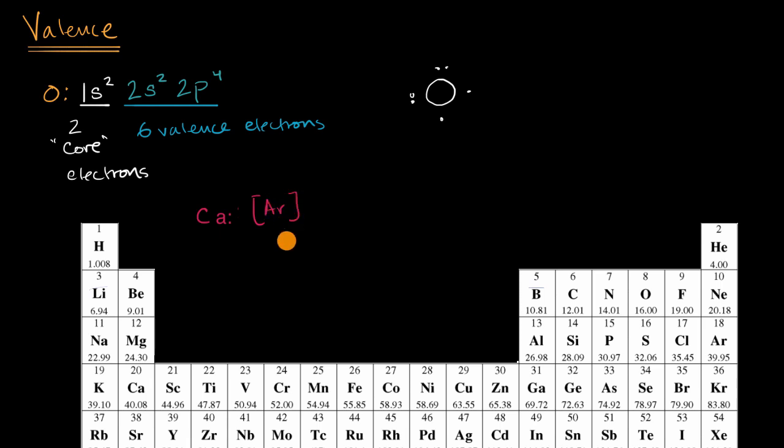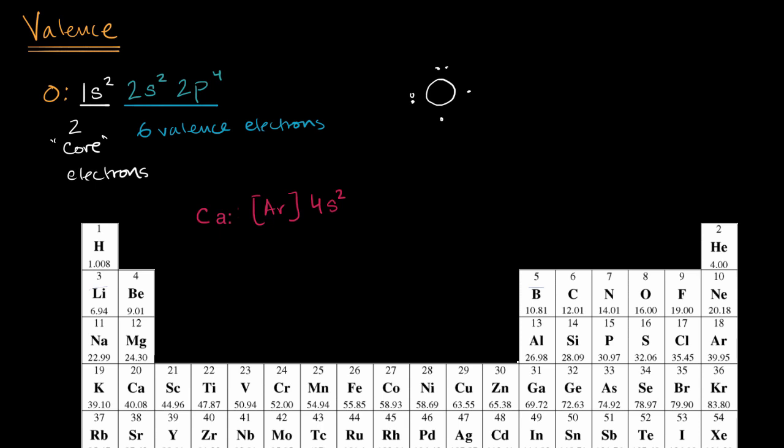And one of the reasons why the noble gases are so stable is that they have a completely full shell. Argon, for example, has a completely full first shell, second shell, and third shell. And then to build calcium, we'll then have 2 electrons in that 4th shell. So it is argon and then 4s2.